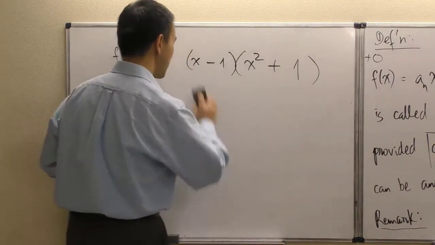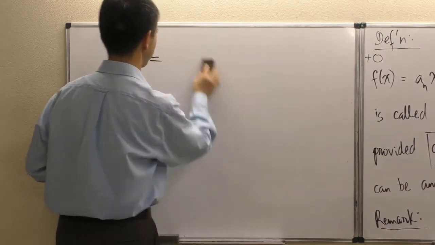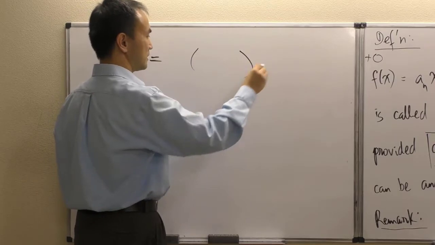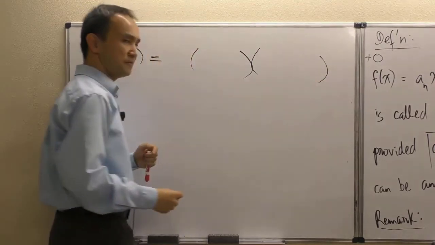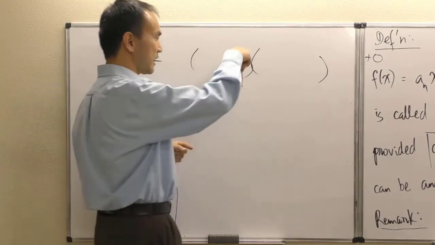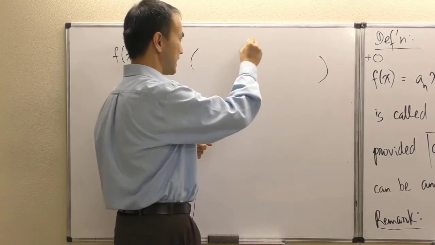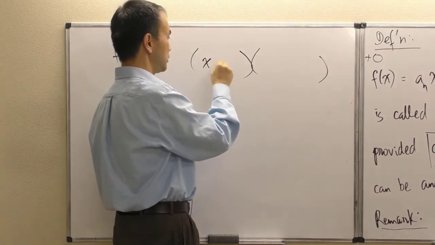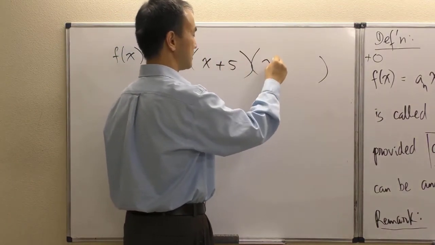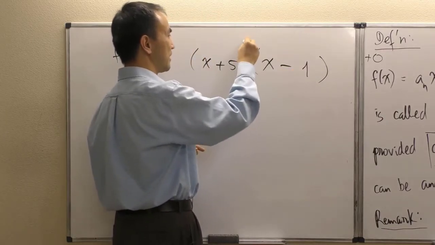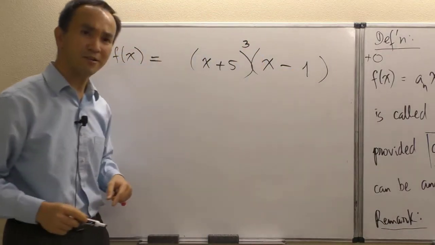And then another case arises right there. There are times where you are given a polynomial in factor form, and some factor has a power, as follows. Say x plus 5 and x minus 1, and unfortunately the x plus 5 here is raised to the third power.